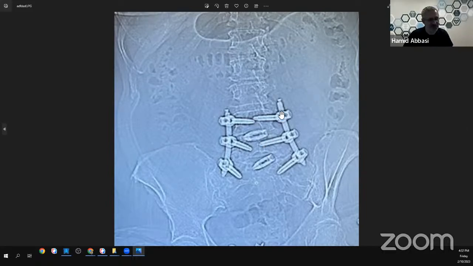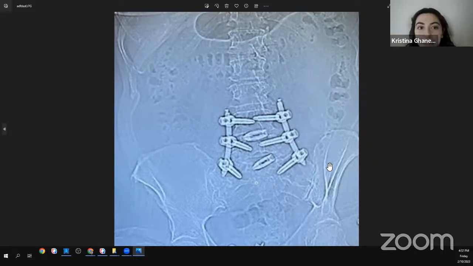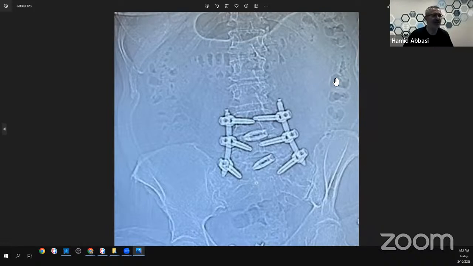So the screws, and then what else do you see? There's a rod connecting the screws, right? Yes. Okay. Now, I'm going to go to different places and you tell me what they are, okay? Here, you see the hand? What anatomical structure is it?